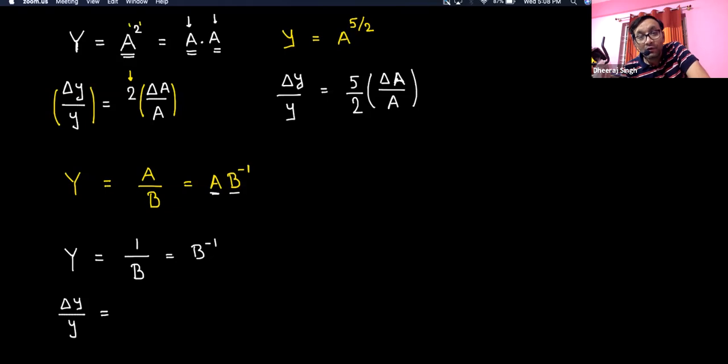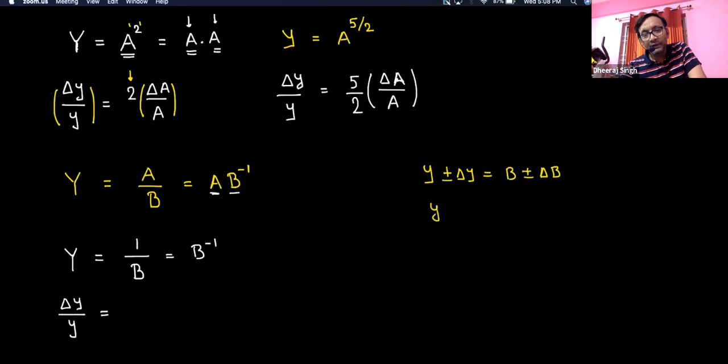You don't know whether it is plus or minus. So the simple thumb rule is errors never get subtracted. Never. Understood? For example, let's say y plus minus delta y is equal to b plus minus delta b.